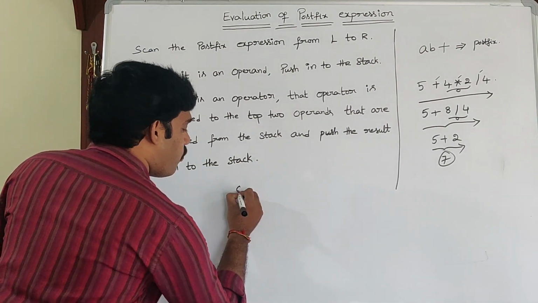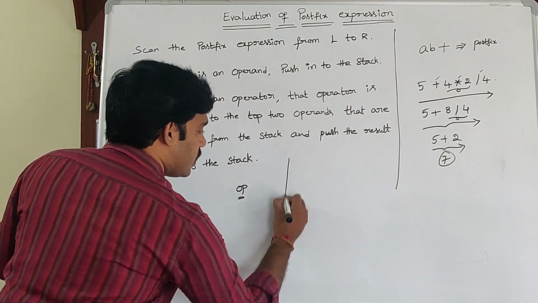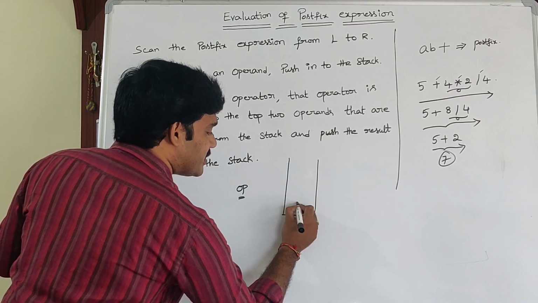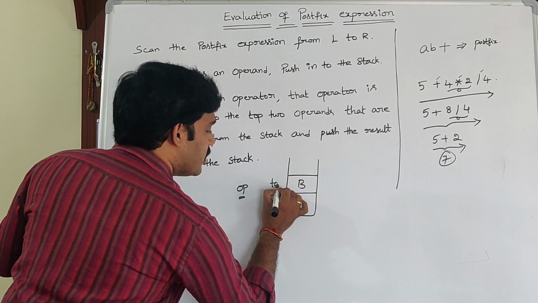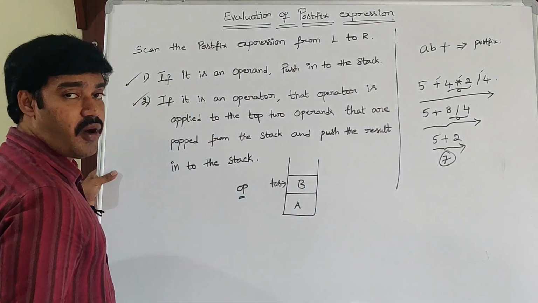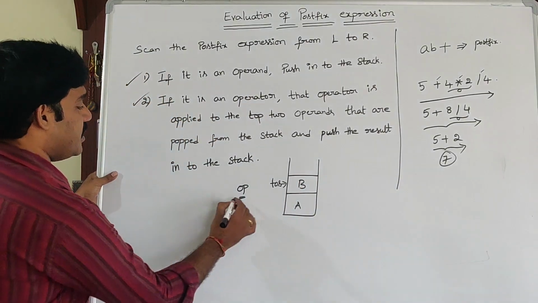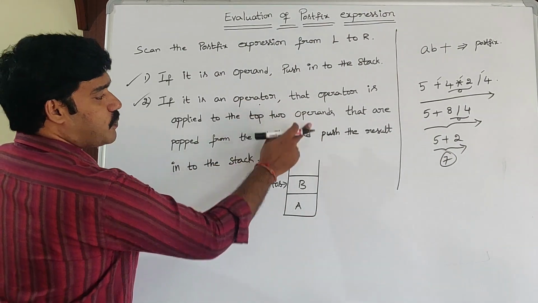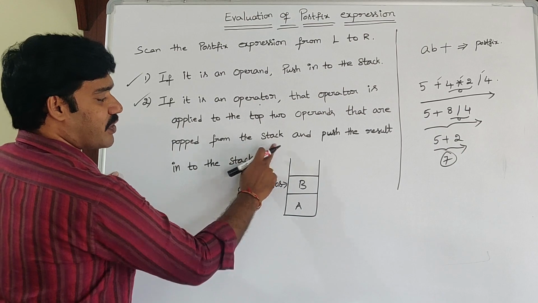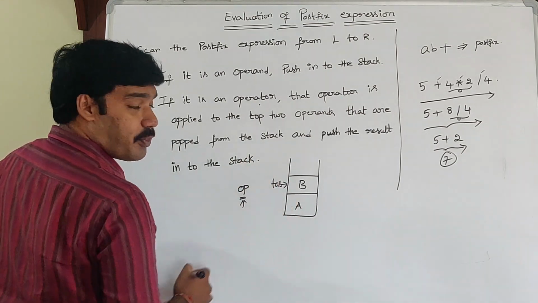Assume that OP is the operator and your stack contains the elements A as well as B. These 2 are the stack elements. TOS is a variable that always points to the topmost element. If it is an operator, that operator is applied to the top 2 operands that are popped from the stack. Which one is to be popped out first?